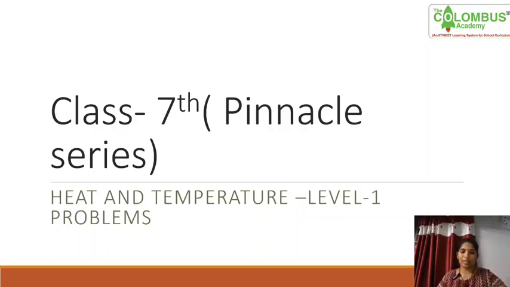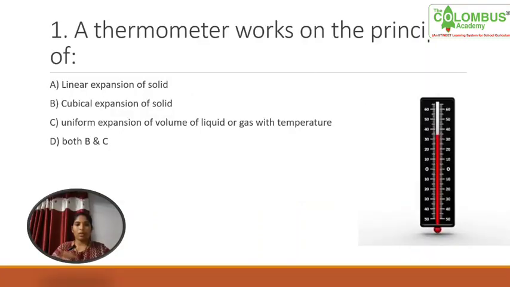Today we will discuss the heat and temperature level 1 problems. First one, a thermometer works on the principle of: option A, linear expansion of solid; B, cubical expansion of solid; C, uniform expansion of volume of liquid or gas with temperature; D, both B and C. Think, what is the answer?